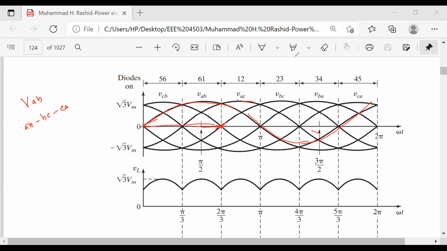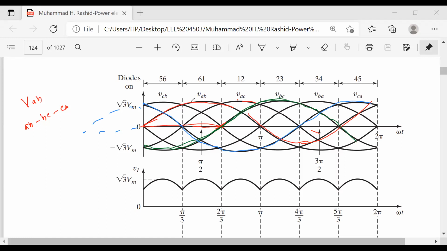Let me change the color, the green one, this is your VBC. And this is your VCA. From VAB, if you look here, it will be minus 240 degrees or something like that, okay? You understand? Yes, sir.